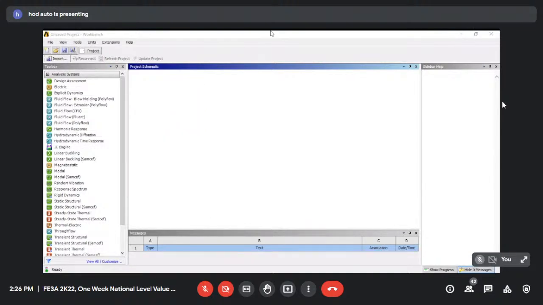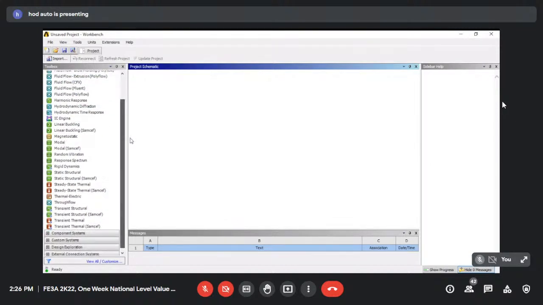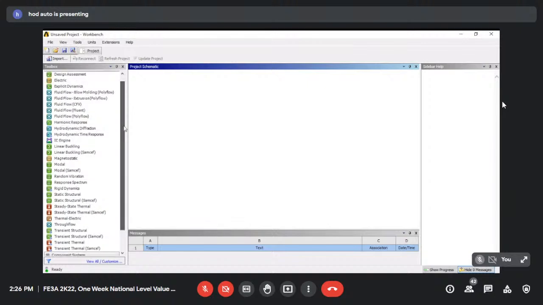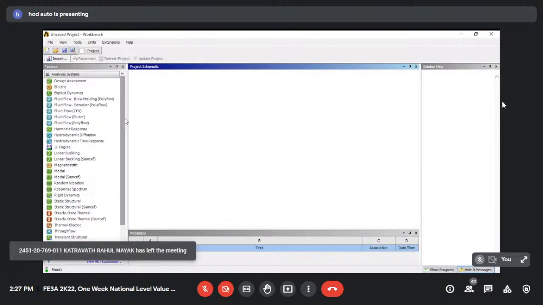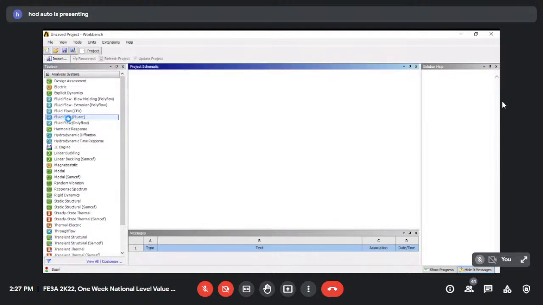Now this is a new one wherein this is your analysis systems. If you see R2021 release 2, ANSYS is completely different. I am used to ANSYS 15. So what I am doing is I'm trying to go to Fluent, Fluid Flow.